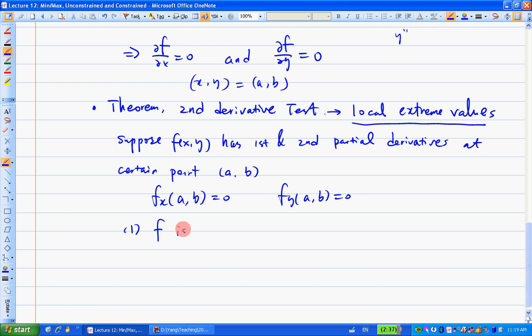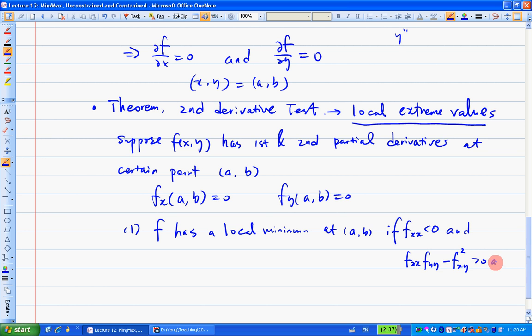The first one is f has a local minimum at (a, b) if fxx is greater than 0, and fxx fyy minus fxy squared is greater than 0 at (a, b).